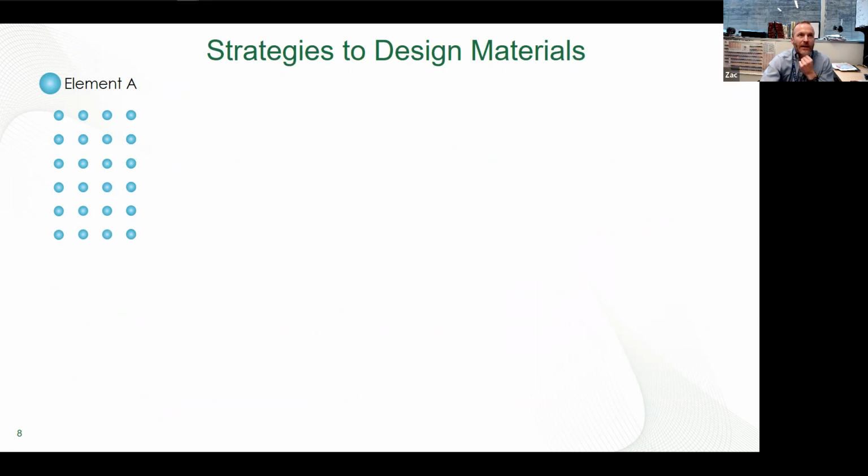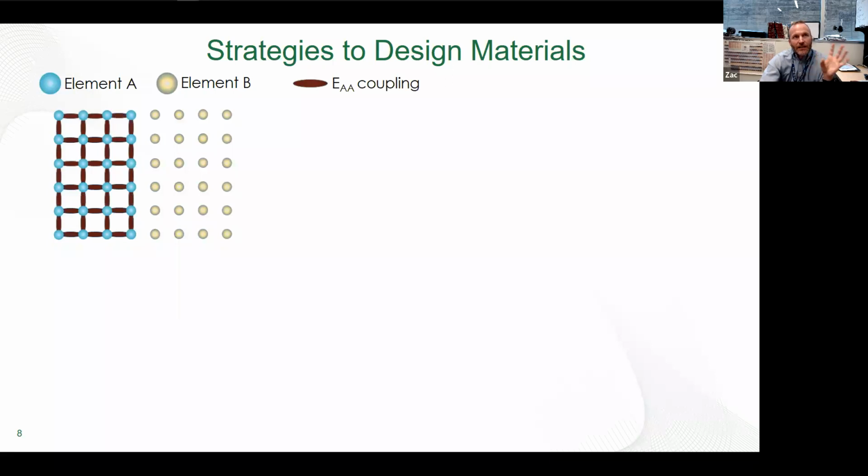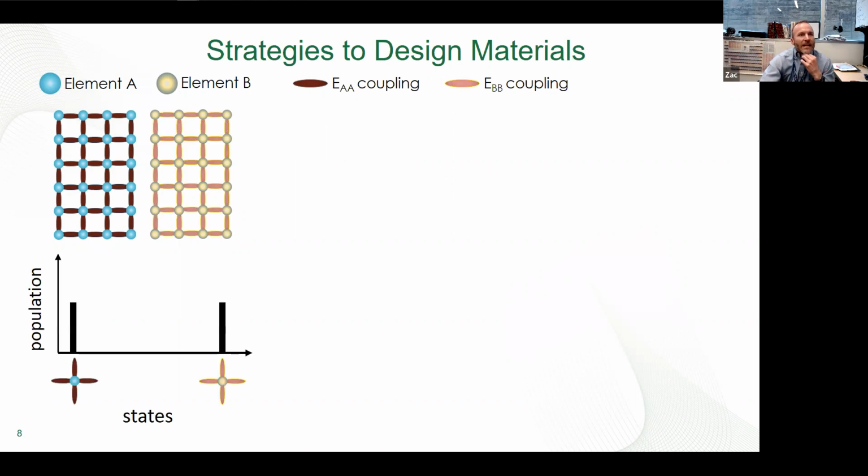Say you have one material and a structure, and within that material it has some type of coupling or interaction. Another material may have a different type of interaction. If we think about this in terms of what the microstates are doing, in this system you basically have two separate systems, two separate microstates.